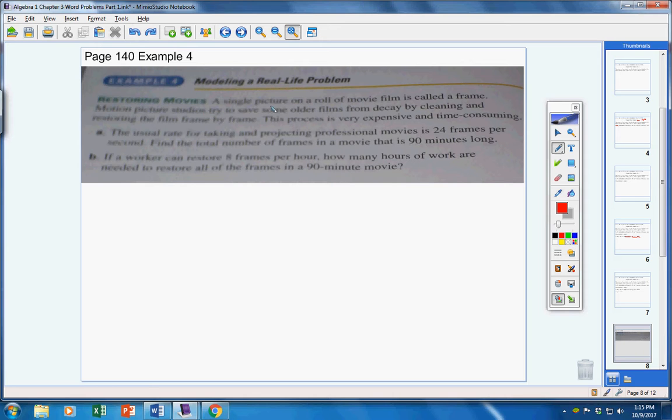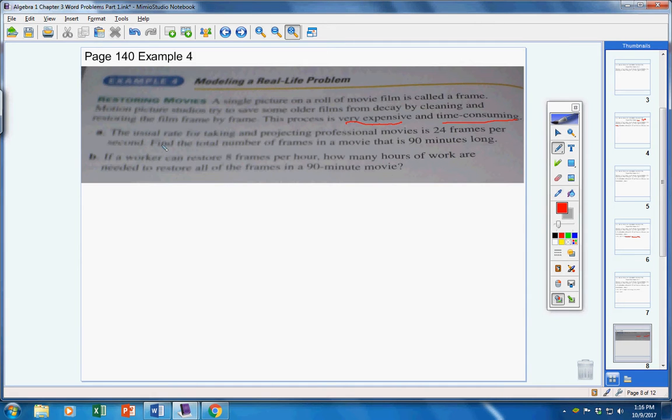Here we go. A single picture on a roll of movie film is called a frame. Motion picture studios try to save some older films from decaying by cleaning and restoring the film frame by frame. This process is very expensive and very time consuming. Okay?